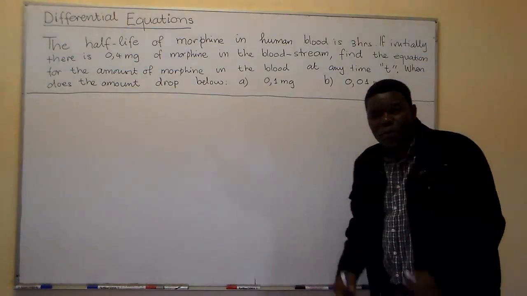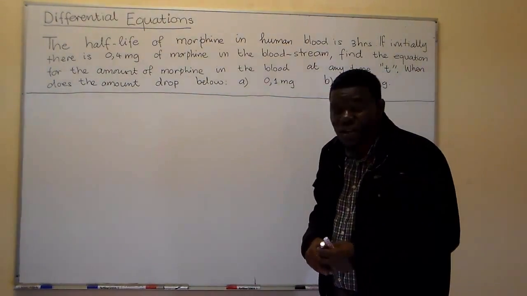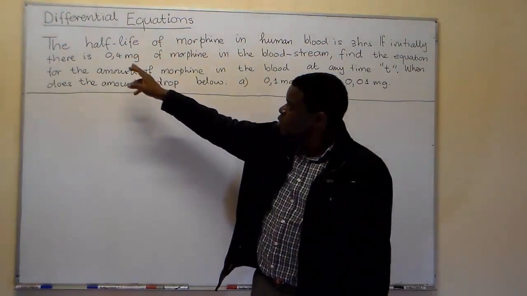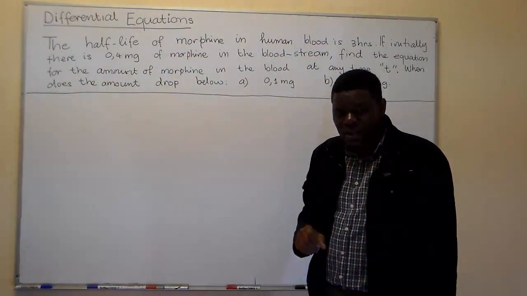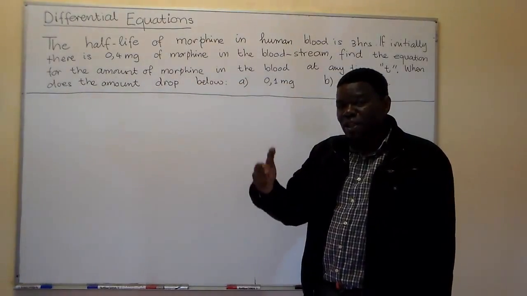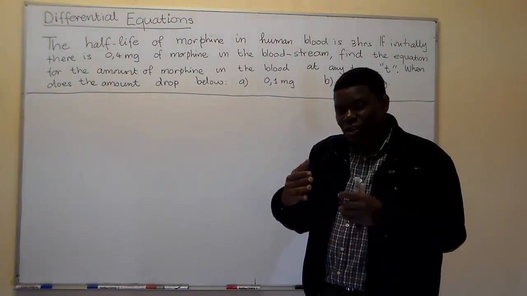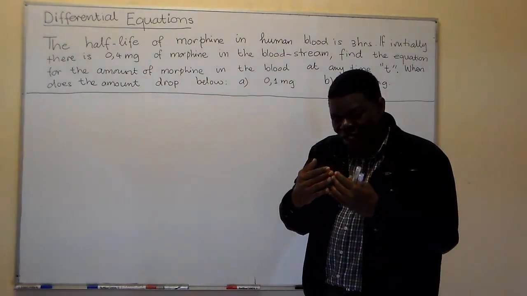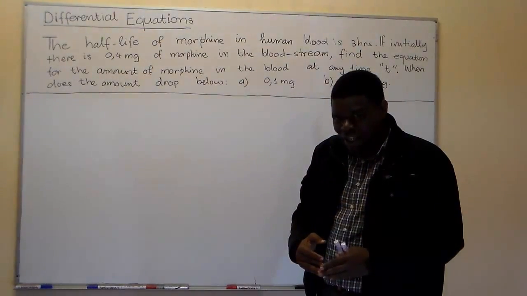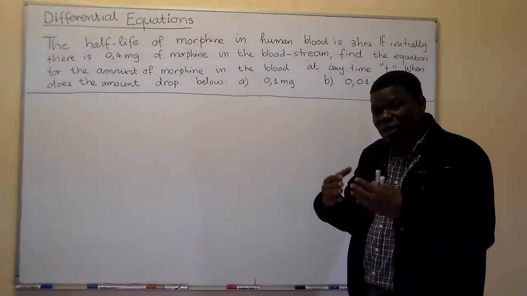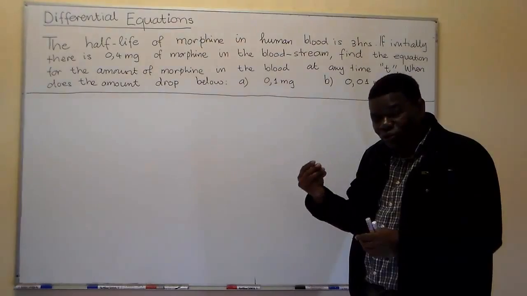So I think from the situation we are faced with here, you can see that a drug of certain amount of 0.4 is introduced in the bloodstream. So what will happen, it will go down, which indicates exponential decay. So in solving this problem, already you must have some expectations on what kind of k we're going to get.